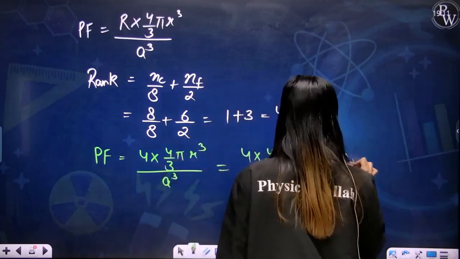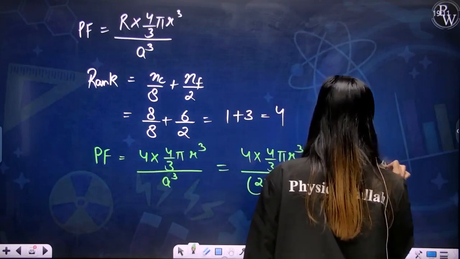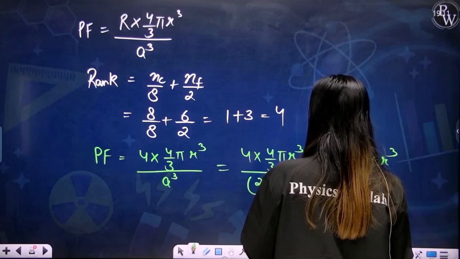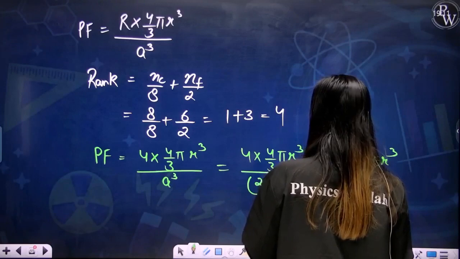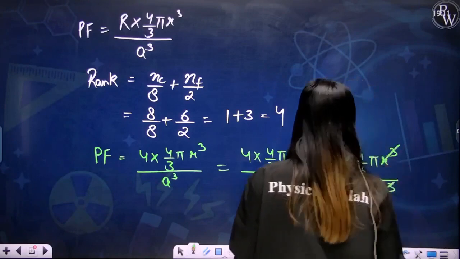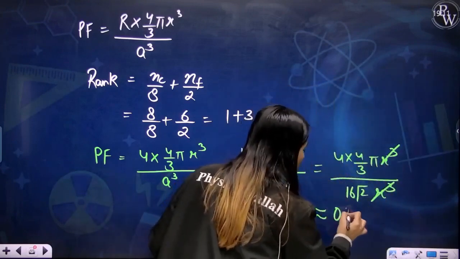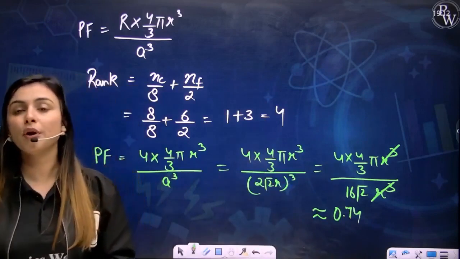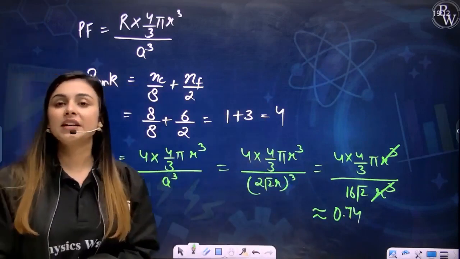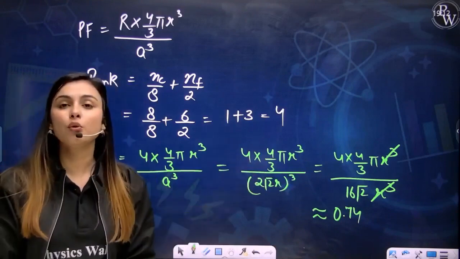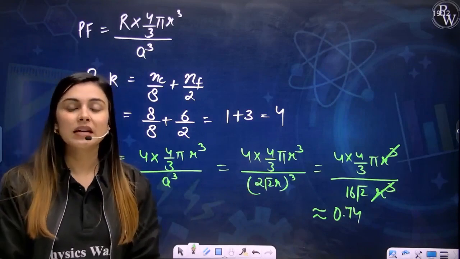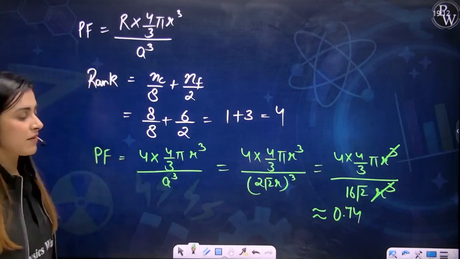This would be 4 into 4 by 3 pi r cube upon 2 into 4, 4 into 2 is 8, 8 into 2, 16. 16 root 2 r cube. R cube will be cancelled and this value will come out to be approximately equal to 0.74. So the packing fraction for a face-centered unit cell comes out to be 0.74.